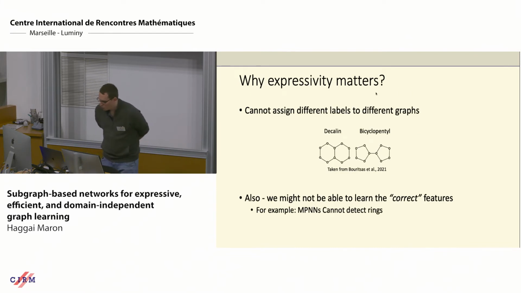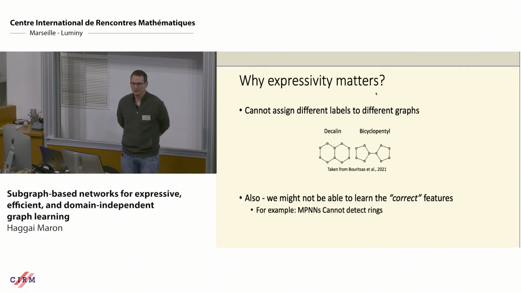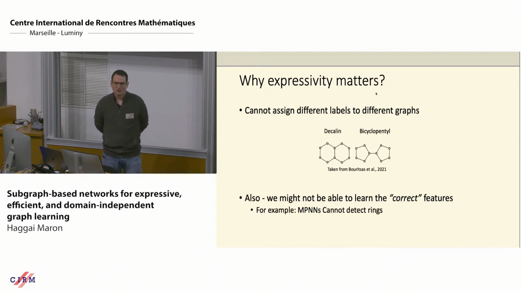OK, so why do we care about expressivity? We have talked about the first point here, which is we cannot assign different labels to different graphs. And this is obviously a problem. But the second issue here is something that people talk about less, but I think it is important. This is the issue of being able to compute meaningful features for the graphs.